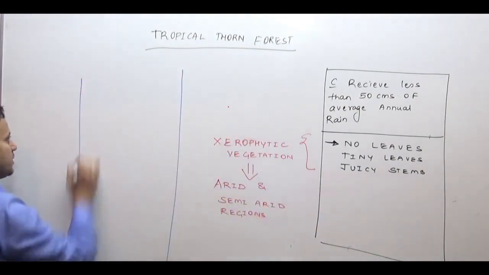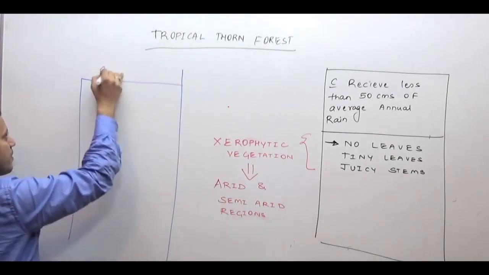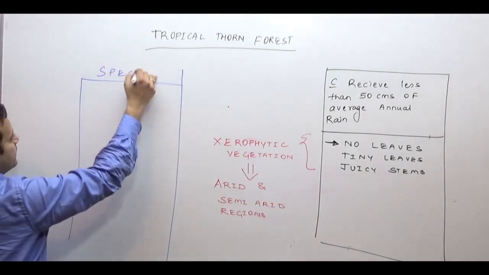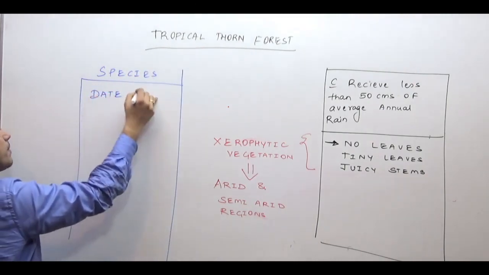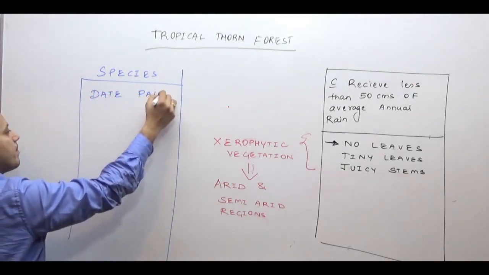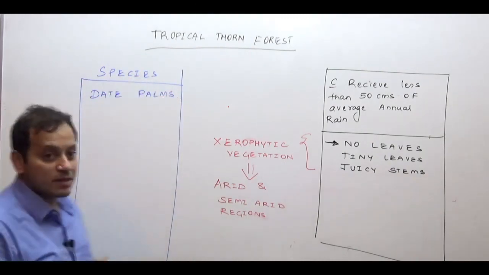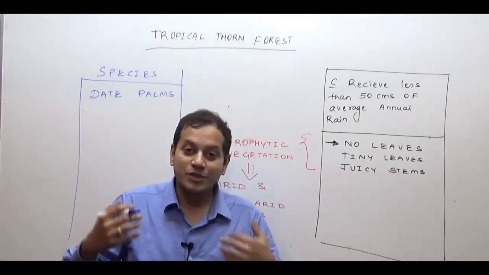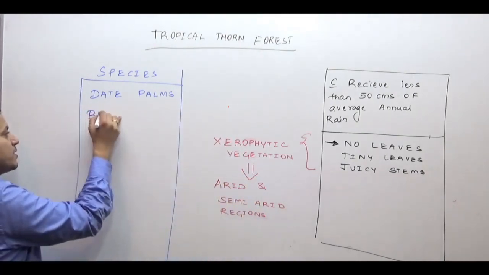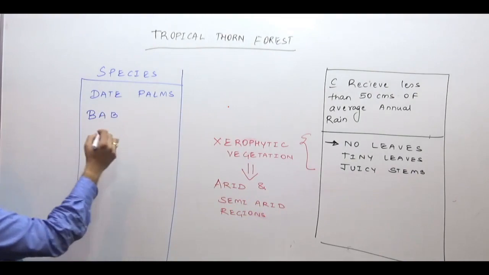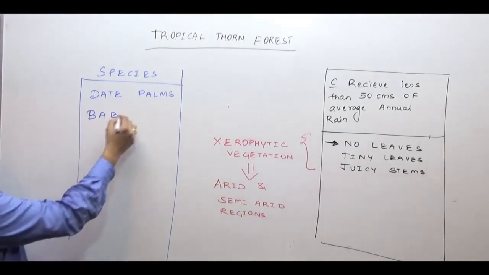So the important species here are date palms. Now see what the other important species are. The second important species is babool.